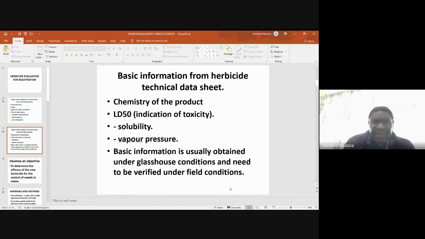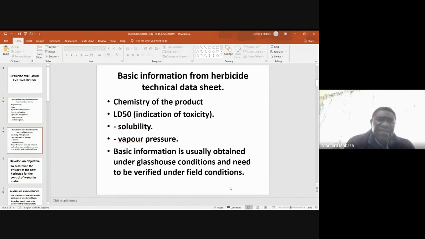Solubility. What is the solubility of the herbicide when applied to the soil? What is its vapor pressure when applied to the soil? Vapor pressure can give us an indication of how that herbicide can be lost in the atmosphere.